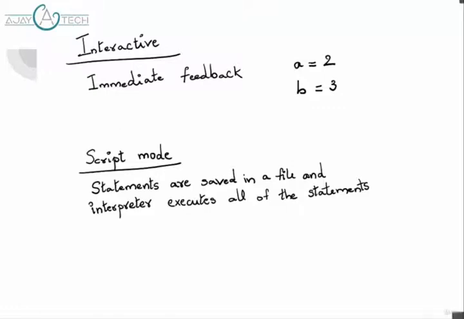Next, in the third line, I give a variable C which adds the variables A and B and run the interpreter again. Now, using the print function, I would like to display the value of the variable C.